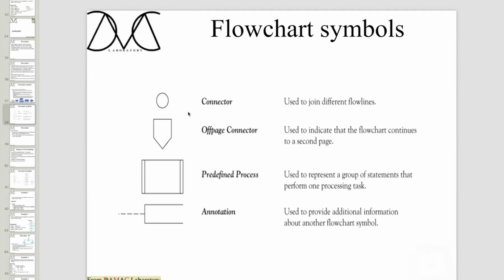Combining them together without any particular symbol is not a proper way of connecting the arrows. So we use a small circle, and then we put the arrows into it, and then we generate a single outgoing arrow.